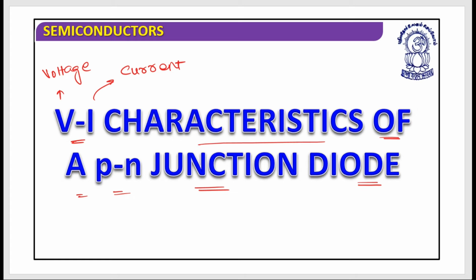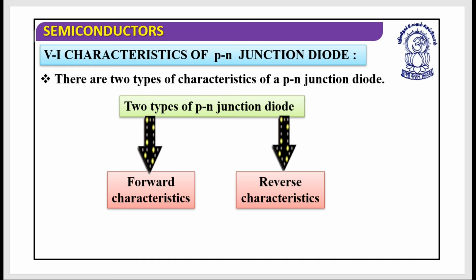When we plot the VI characteristics of a PN junction diode, there are two types of characteristics considered: the forward bias characteristics of a PN junction diode and the reverse bias characteristics of a PN junction diode.